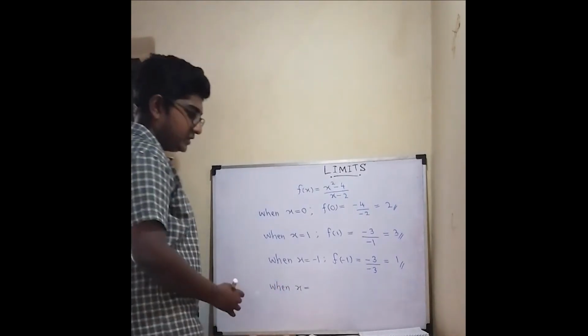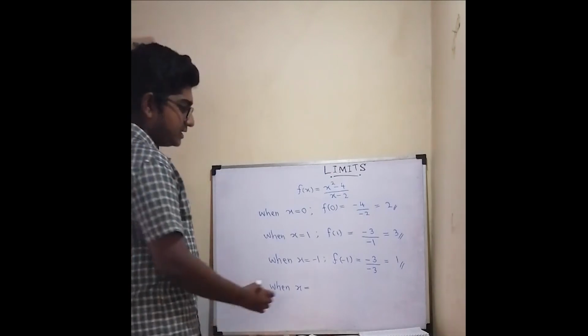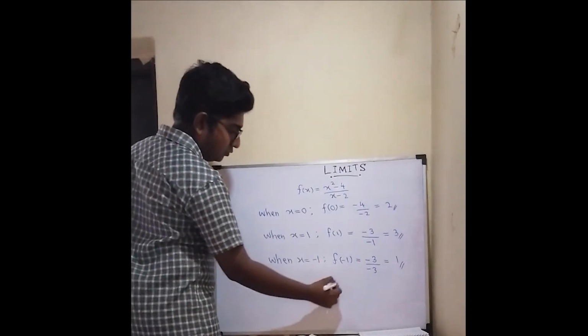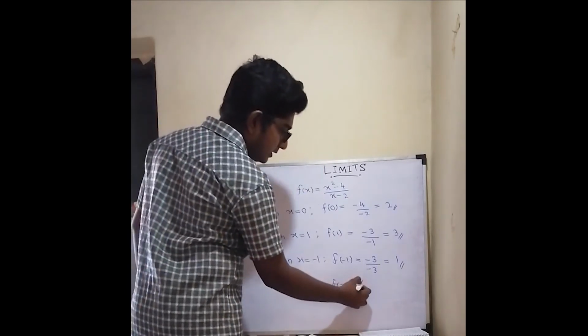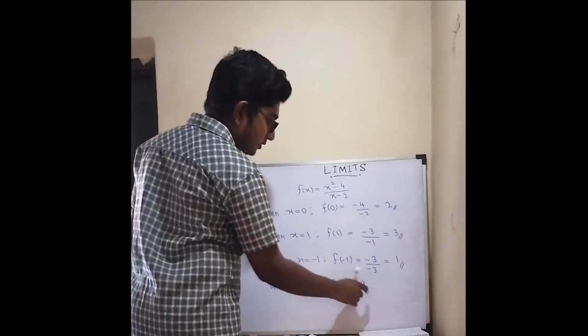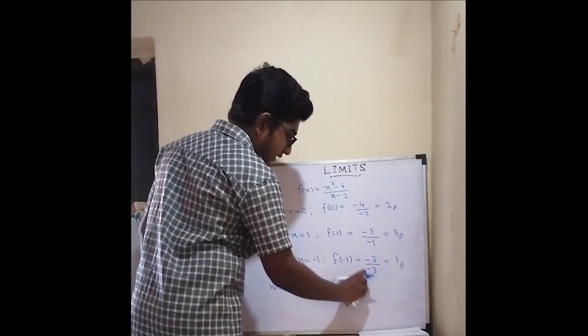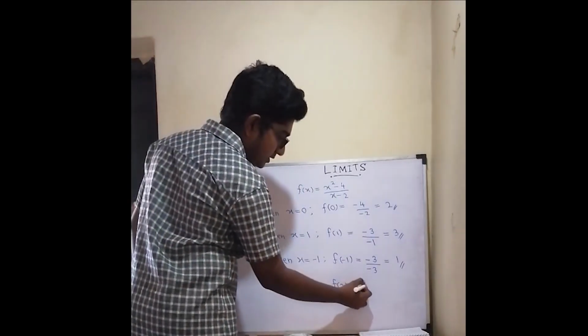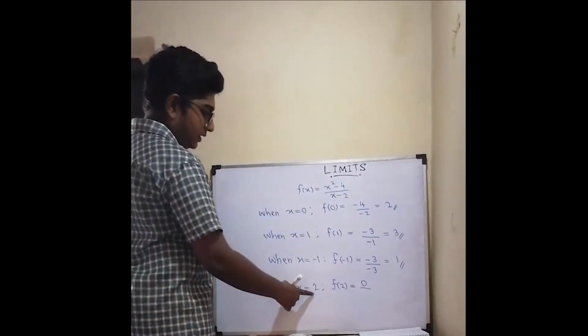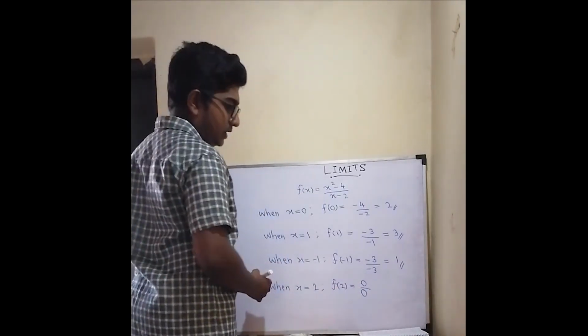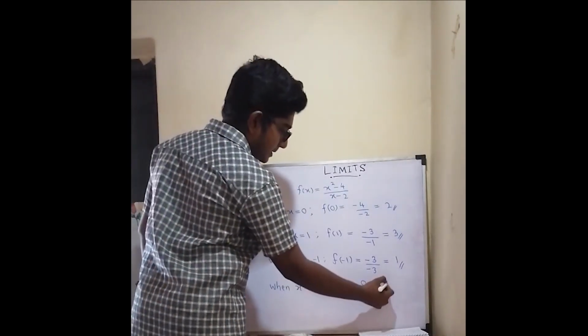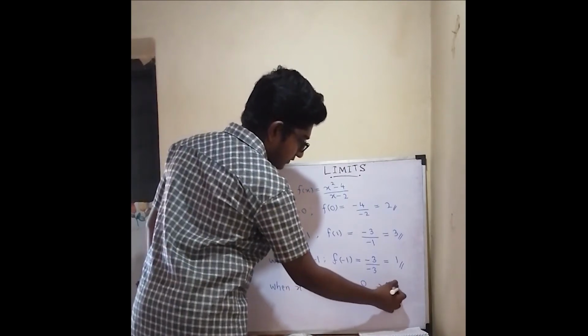Now I want an answer for the function when x equals 2. That is f of 2. 2 squared, that is 4. 4 minus 4, directly I am going to write the answer 0. Then x equals 2, 2 minus 2, that is also 0. What is the answer? We don't have an answer for this one.